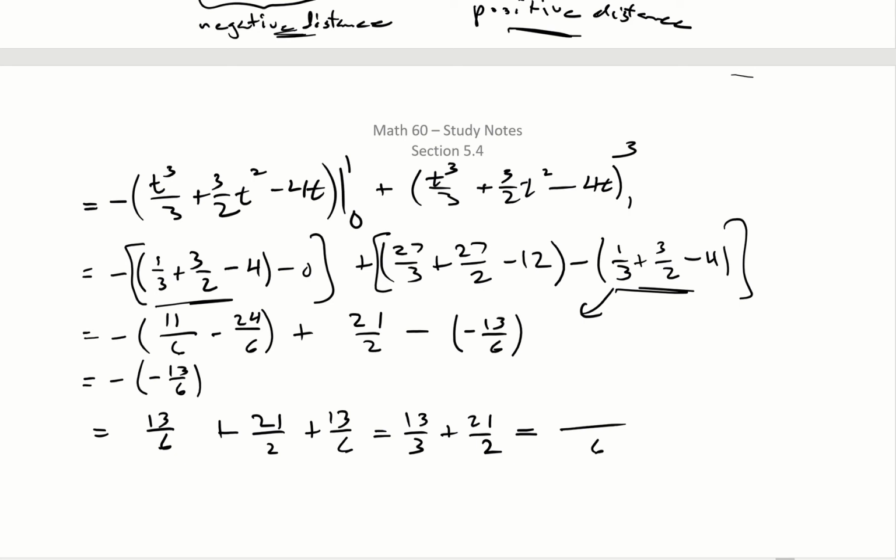I've got 39 over here. No. Wrong, Weber. Come on, do your math. It's 26 plus 63, right? The total distance, drum roll please, is 89 over 6 miles.